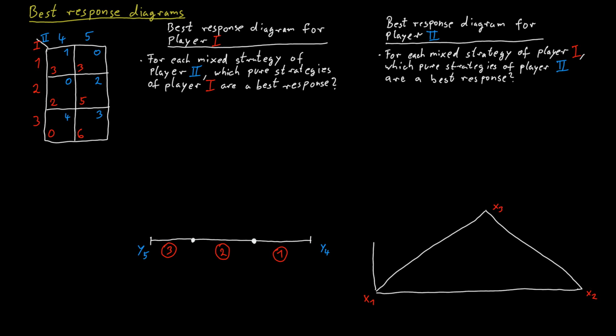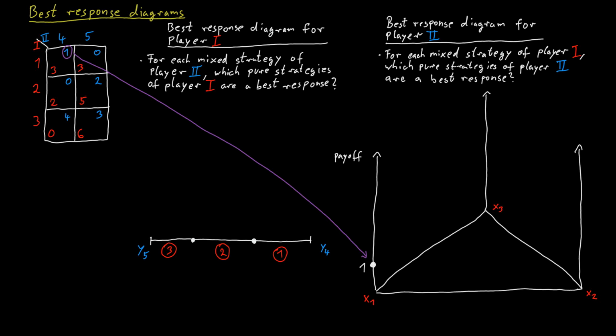And then we can again draw the expected payoff for both of the strategies of player 2. So let's start with strategy 4. What is the expected payoff of the second player? Well, if the first player plays strategy 1, the payoff is 1. If the first player plays strategy 2, then the payoff is 0.